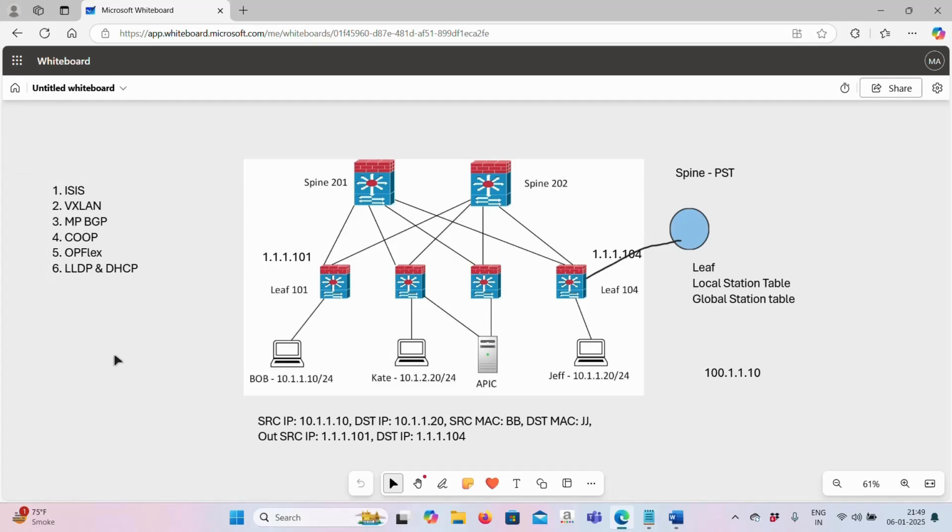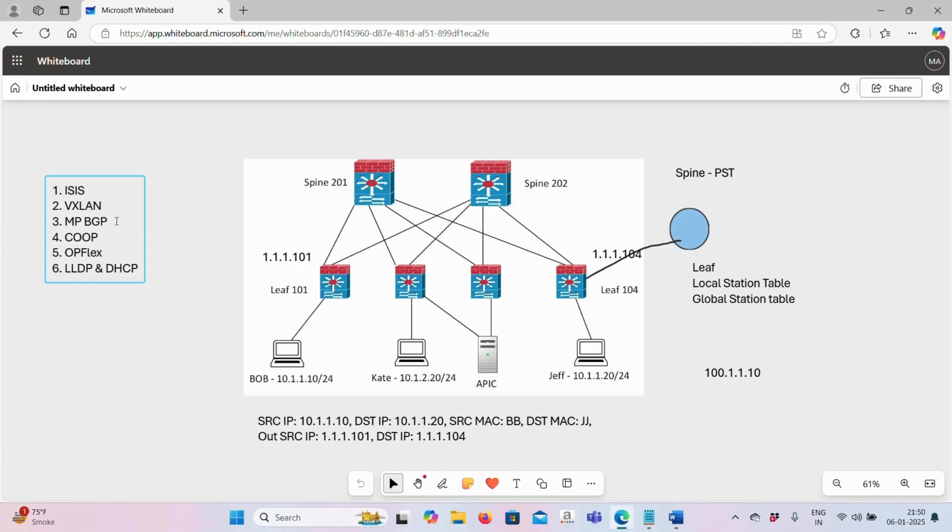So just for a quick overview, IS-IS is basically your underlay routing protocol. VXLAN is your overlay protocol, and we don't have to configure these two protocols manually. They get automatically enabled as soon as the leaf and spine switches are registered on the APIC controller. The next protocol is MP-BGP, which is used for external L3 routing, for redistribution of the external routes in the ACI fabric.